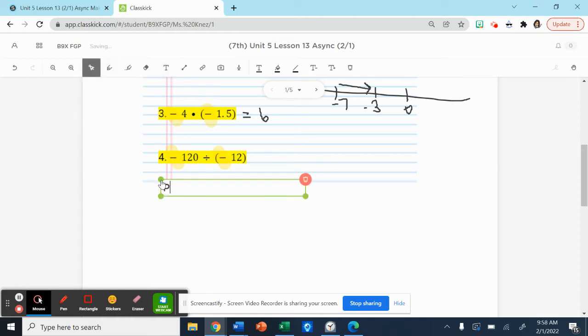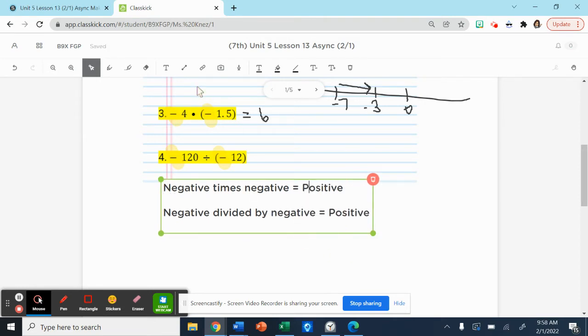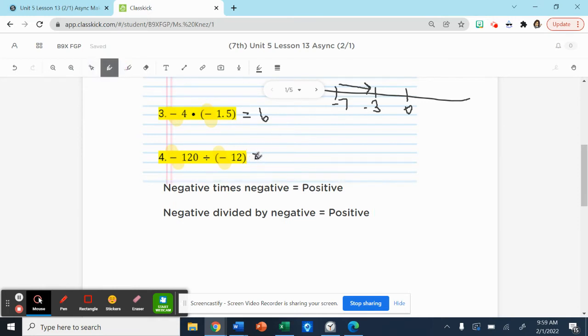And let me write that out. Positive times negative equals positive, and negative divided by negative equals positive. 2 negatives for a multiplication or division sentence is always equal to a positive, and so your answers to 3 and 4 are +6 and +10.